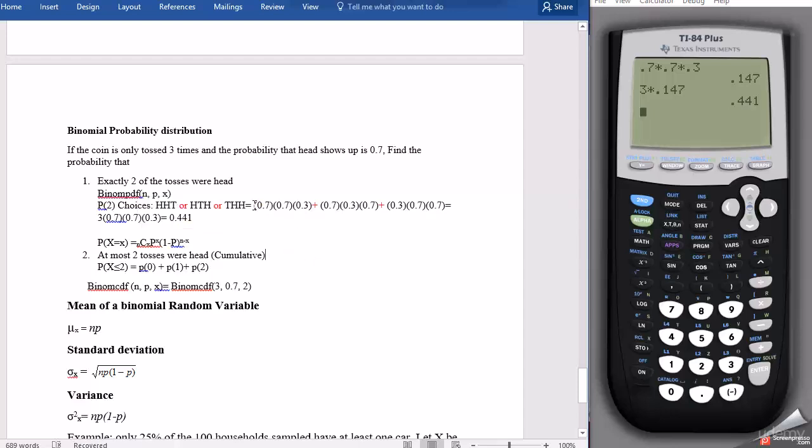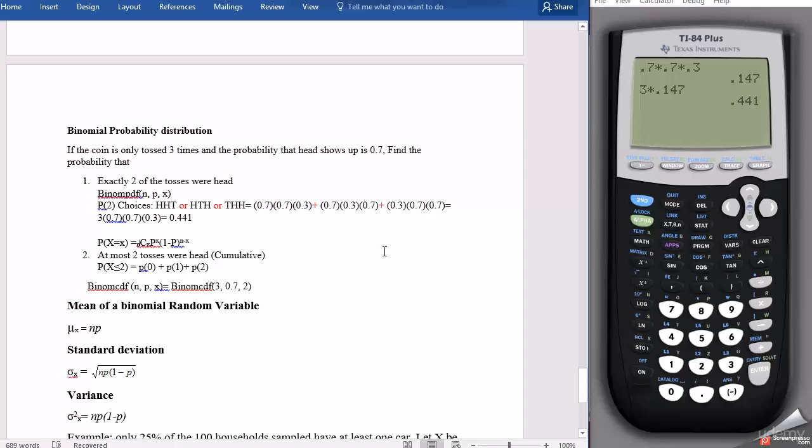In this case, the pattern repeats 3 times. That's what we have right here. So that's the combination. When you do combination, it tells you how many times it repeats, so you can multiply by that particular number. P is the probability of success, in this case 0.7. N is 3, x is 2. So when you plug this in, you can get the answer that you desire.